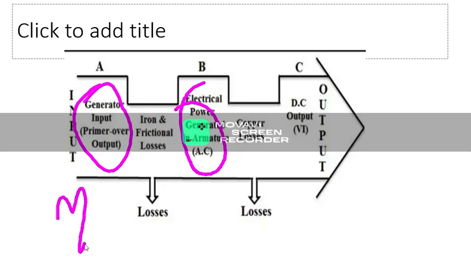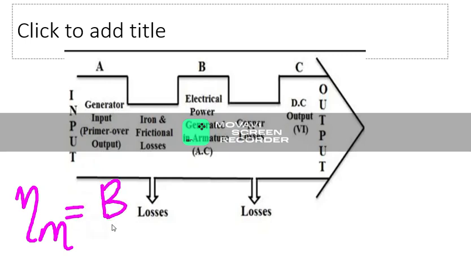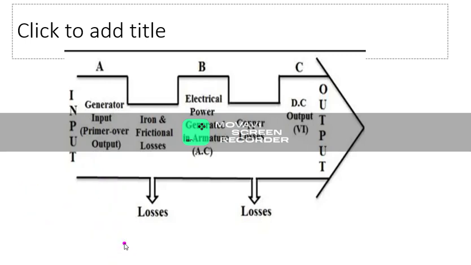So the mechanical efficiency is B by A. Mechanical efficiency is equal to B by A, where B is EG into IA, the electrical power generated in the armature, divided by the mechanical power input.